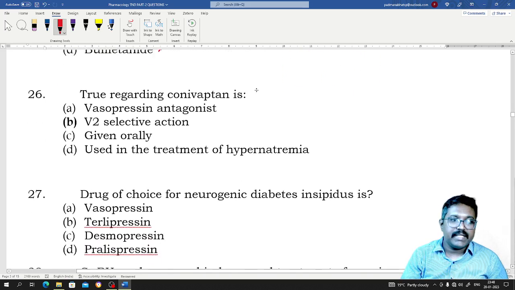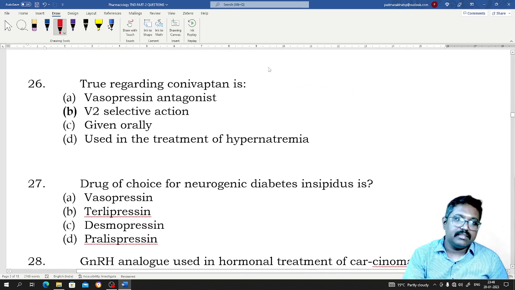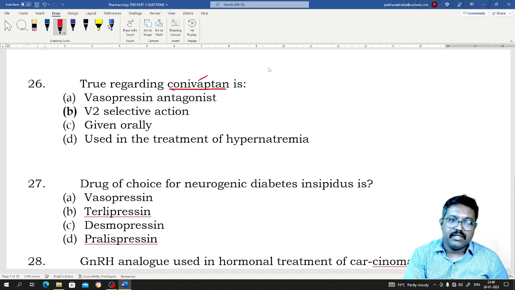Next, coming to the 26th MCQ, that is, true regarding conivaptan. So conivaptan is a non-selective antagonist which will act on V1A as well as V2, and this is mainly used in the treatment of CHF. Through which route? Through IV route. So we have V1 selective and V2 selective also.